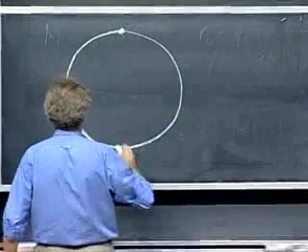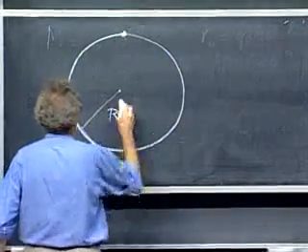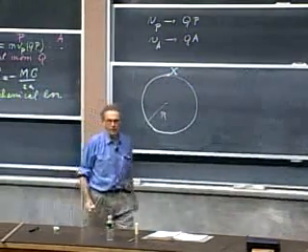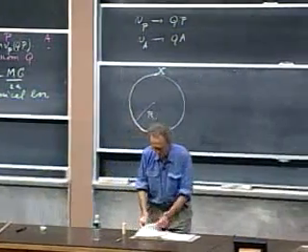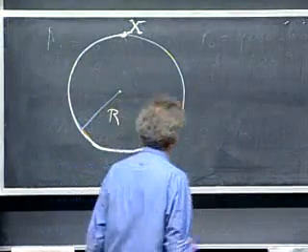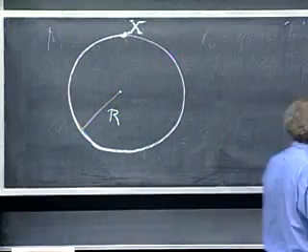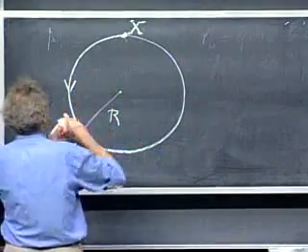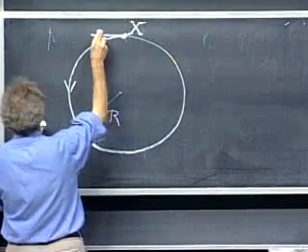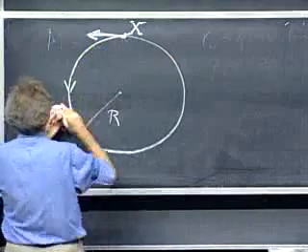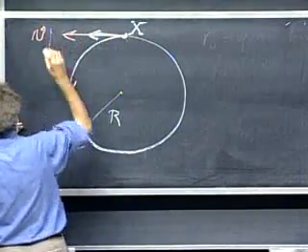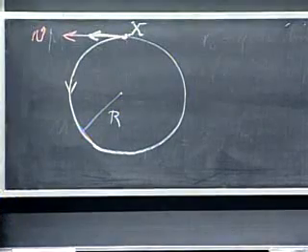So this is our circular orbit, its radius r, and at location x, at 12 o'clock, that is where I fire my rocket. The first thing I do, I increase the kinetic energy. So I blast my rocket in this direction, and so the speed, which was originally this in orbit, will now increase. I add kinetic energy, and now I have a new speed which is higher.